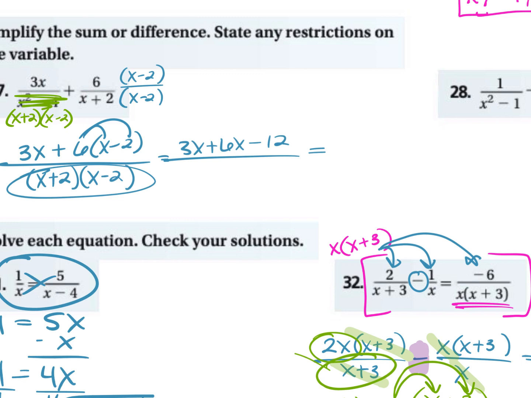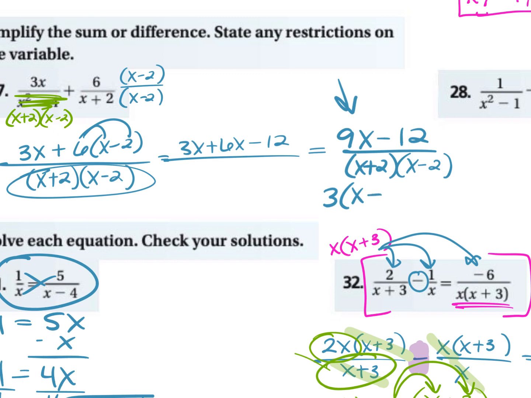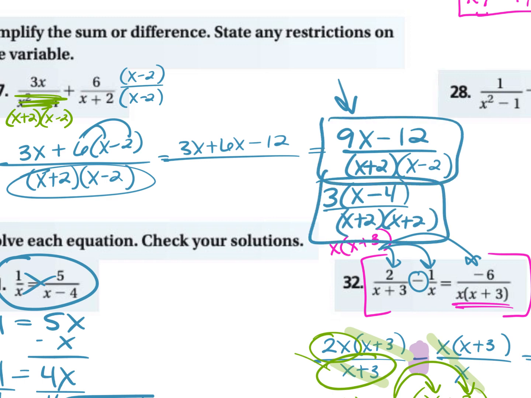Simplify that. 3x plus 6x is 9x minus 12 over x plus 2 times x minus 2. Technically, you could factor a 3 out of that, but it's not going to change it. You end up with 3 times x minus 4 over x plus 2 times x minus 2. I will take this, and I will take that just the same. So that's up to you, how you want to leave it on that one.